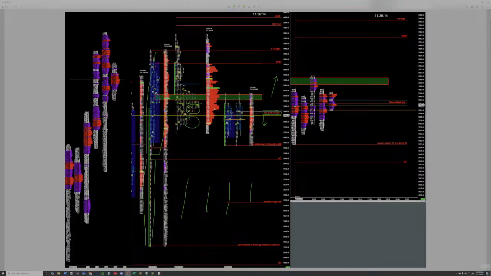As I zoom in, and as you can see, value is inside yesterday's value area and kind of wrapping the low of the late pullback from yesterday. So there's nothing here in this market, nothing.